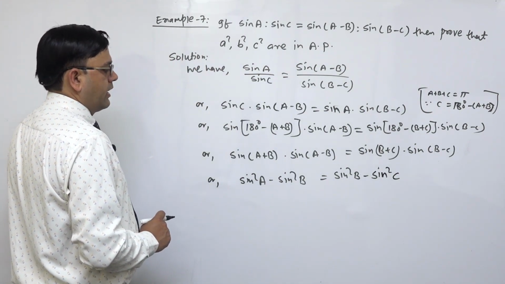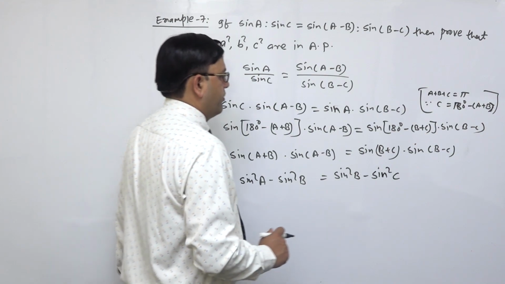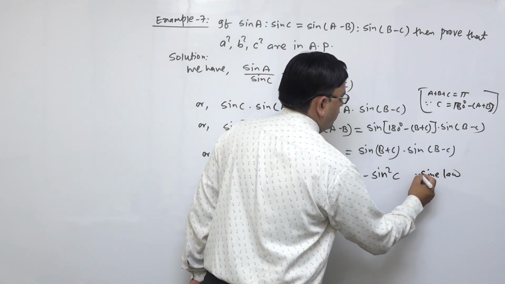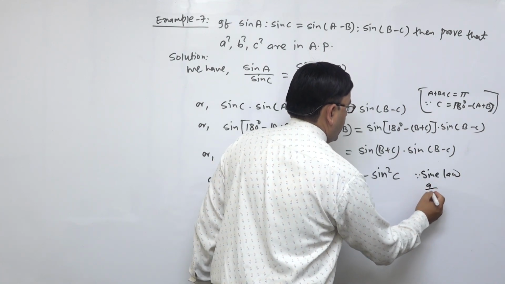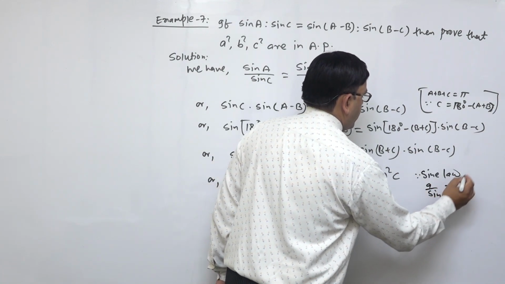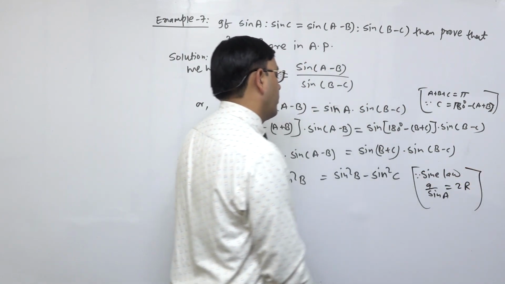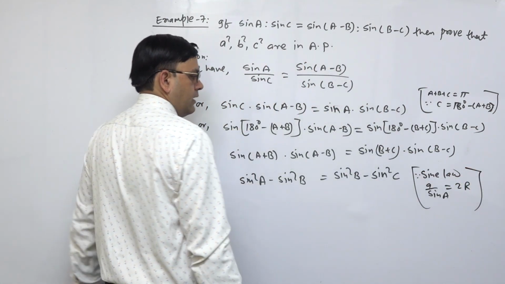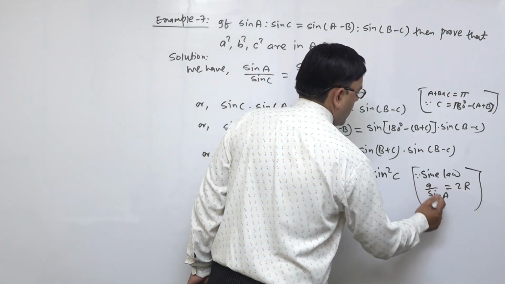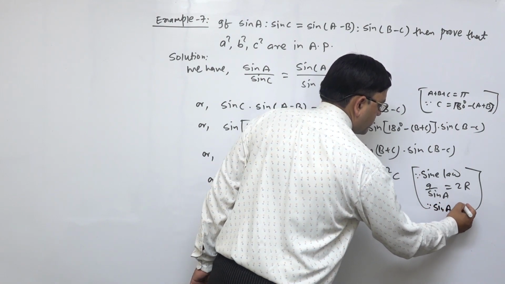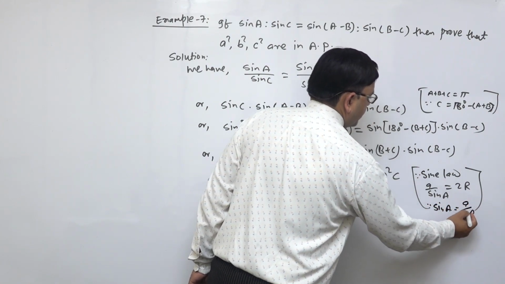Now we can use the formula. We know by using sine law, a by sin A is equal to 2R. So sin A is equal to a by 2R.